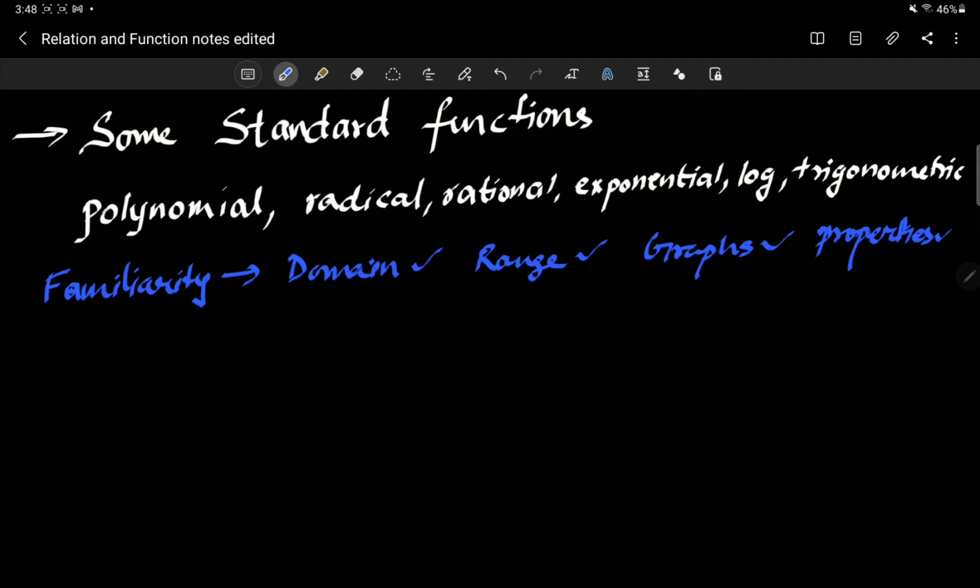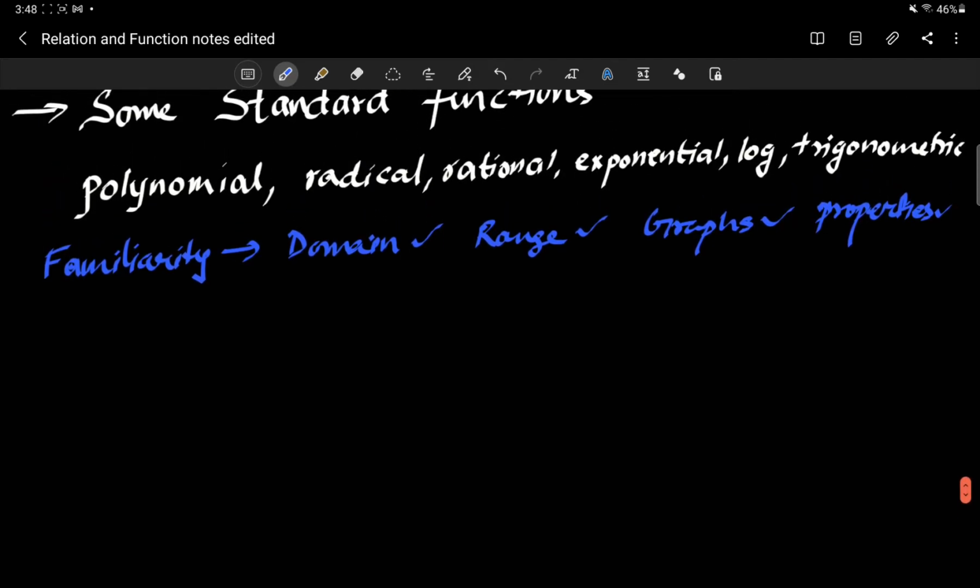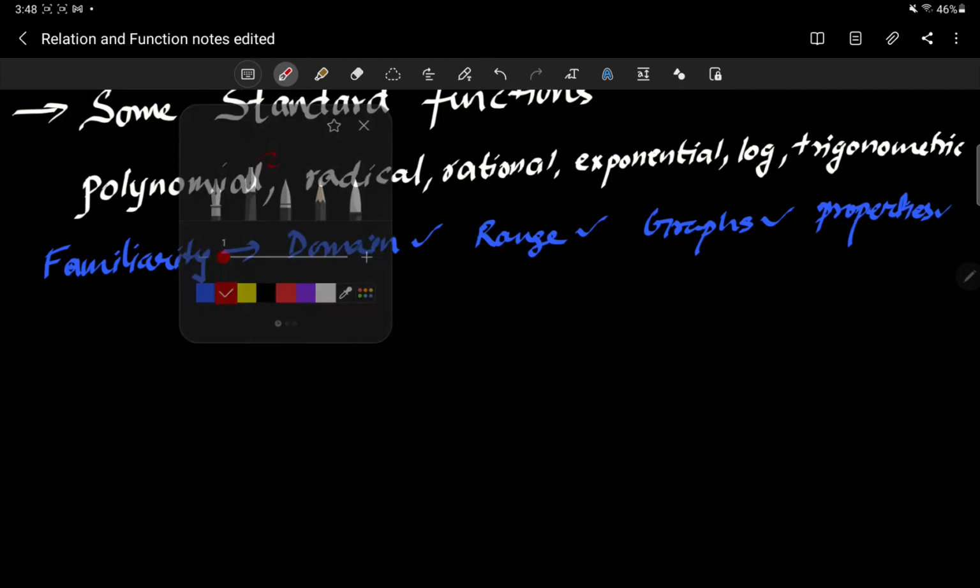Okay, so one sort of assignment or self-evaluation you can do is try to make examples of all these and see if you can answer all of these things about the graphs. You should pause the video right now and try to answer these questions for all of these functions.